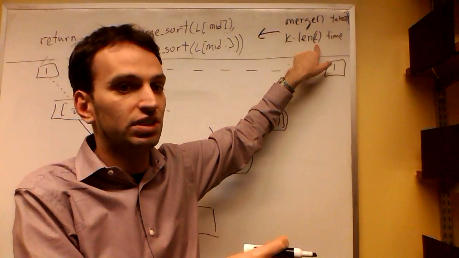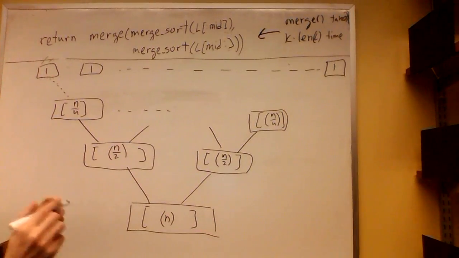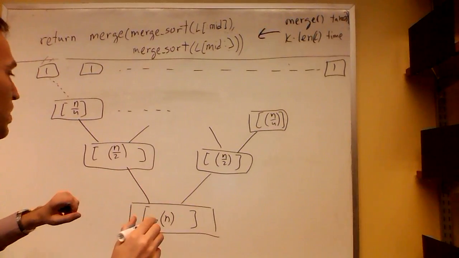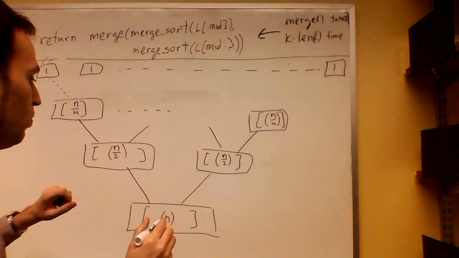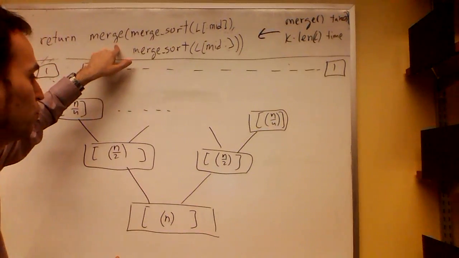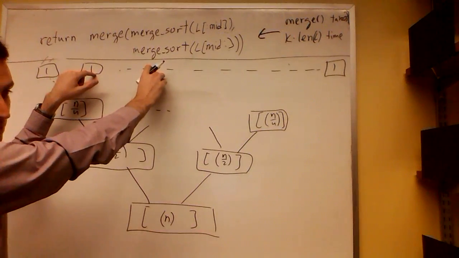Alright, so how do we now compute the runtime? Well, here's the idea. What we'll do is we'll compute the time that it takes to call merge for each level in our call tree.